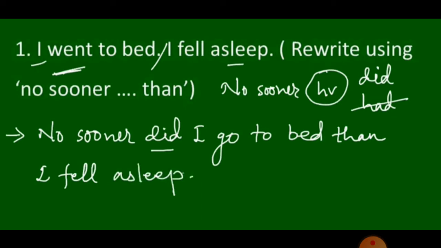The remaining part doesn't change much, except for a few exceptions. Otherwise you just slide it down as it is. The thing to keep in mind is the beginning of the sentence, removing the full stop and placing THAN, then. And the sentence you have to start with is no sooner.